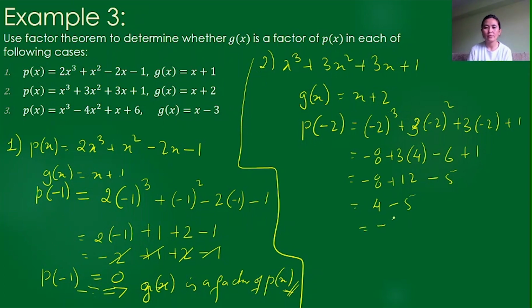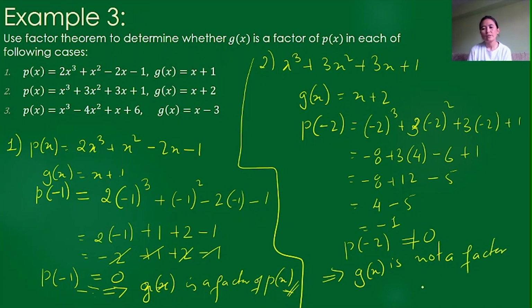This is equal to -1. Since p(-2) is not equal to 0, this implies that the given g(x) is not a factor of p(x).